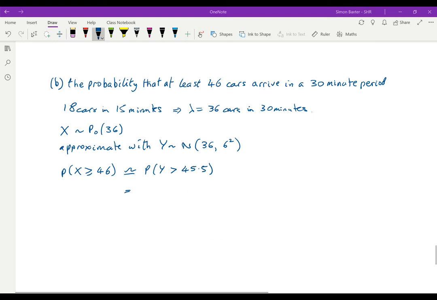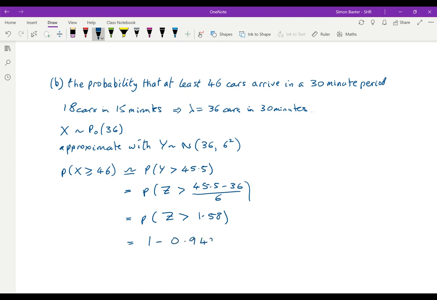This is equal to the probability that Z is greater than 45.5 minus the mean divided by the standard deviation, which is the probability that Z is greater than 1.58. Again, the tables work with the probability up to 1.58, so this is 1 minus 0.9429, and that is 0.0571. 4 decimal places again because we're using the tables.